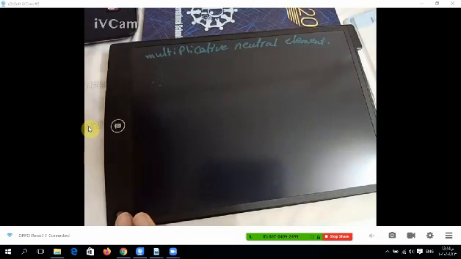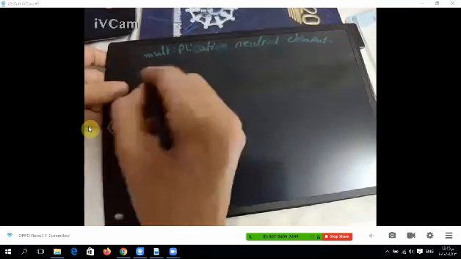Like in the addition, it was the additive neutral element, so when we add it to any number, it doesn't change it, and it was the 0. What about the multiplicative? Which number, if I multiply it by any number, will not change the answer? It's the 1.